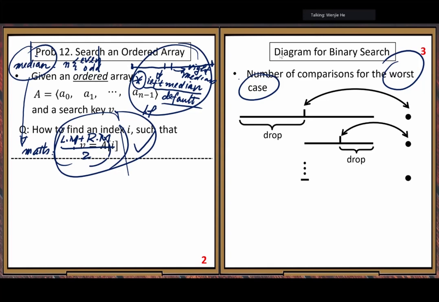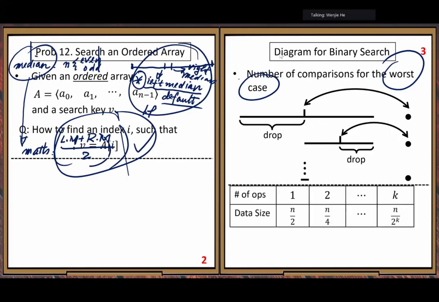After, let's say, k comparisons, what is the data size? Here, we do this chart. After comparison 1, the data size, comparison 2, data size. After k comparisons, the data size becomes n over 2 to the kth, right?